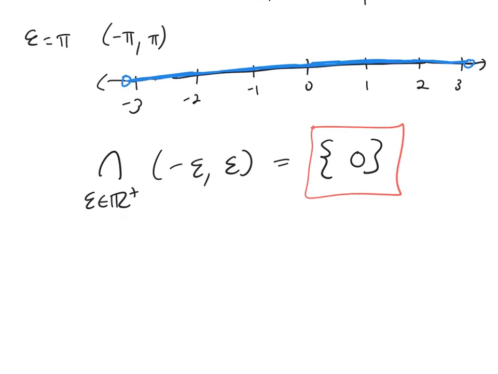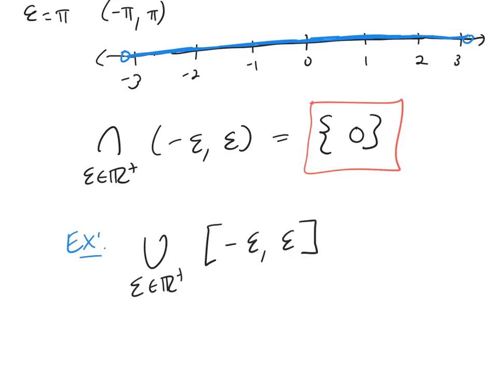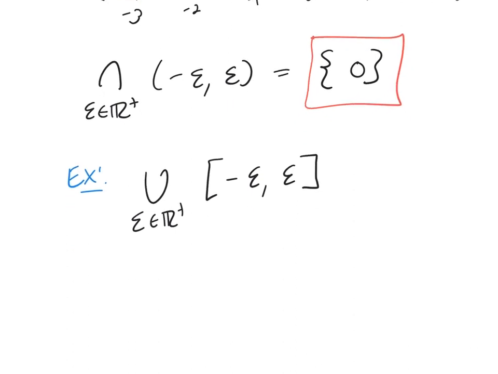Now let's look at a union here. So say I want to find the union over epsilon in R plus. And now I'm going to look at the closed interval, minus epsilon to epsilon. So again, you can pick any kind of positive real number you want.